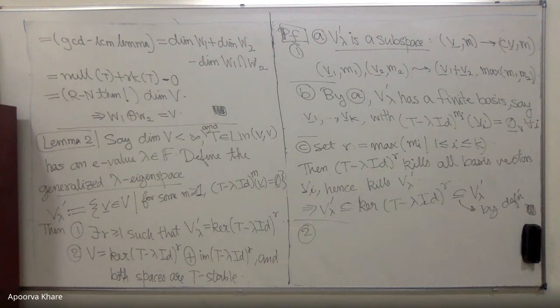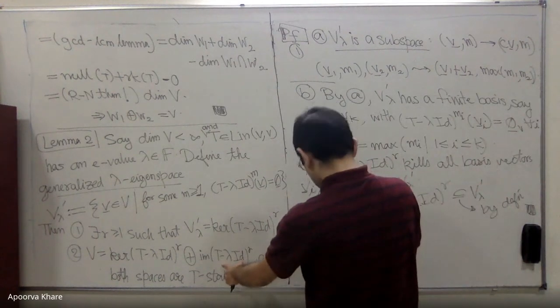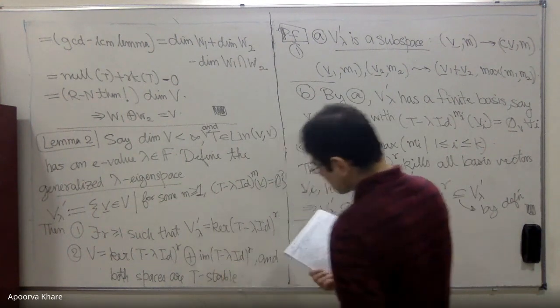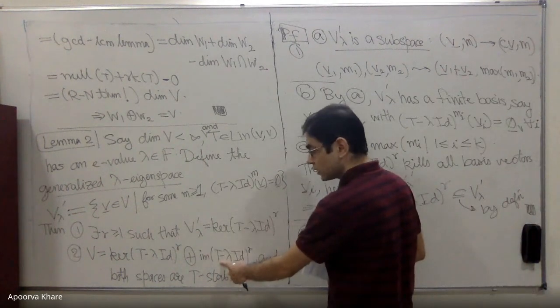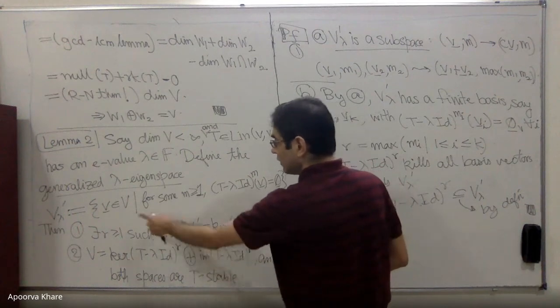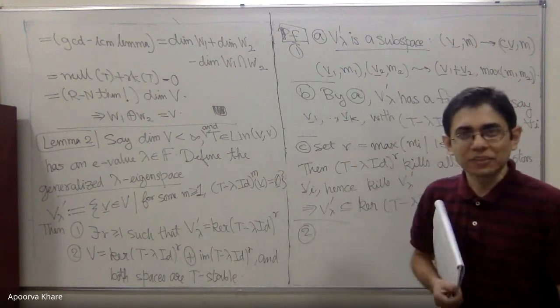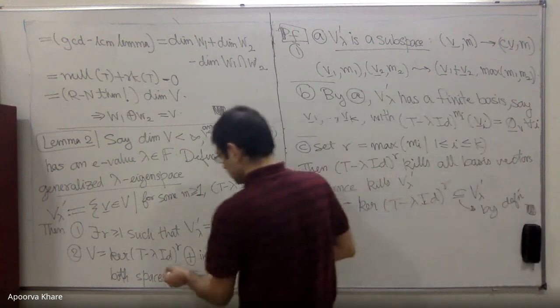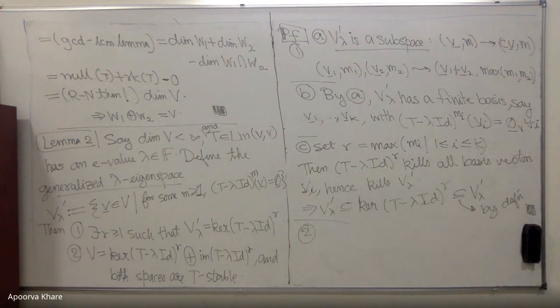The first claim is that if you look at the image of T minus lambda identity to the r, the image on V, and intersect that with V prime lambda, which is the kernel, the intersection is 0. You want to use lemma 1, right? In order to use lemma 1, you must say that the intersection is 0. So why is that true?